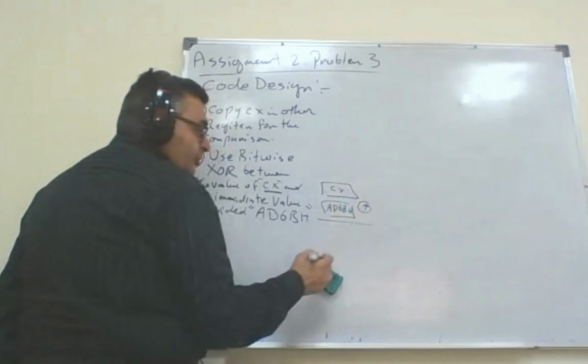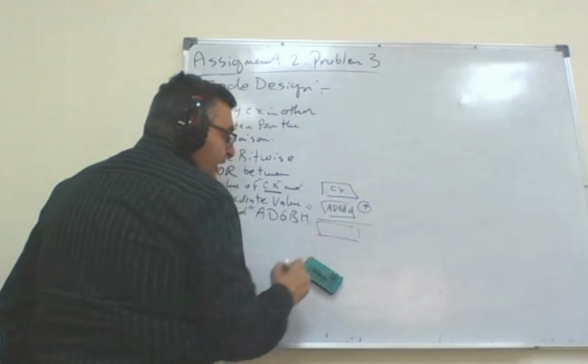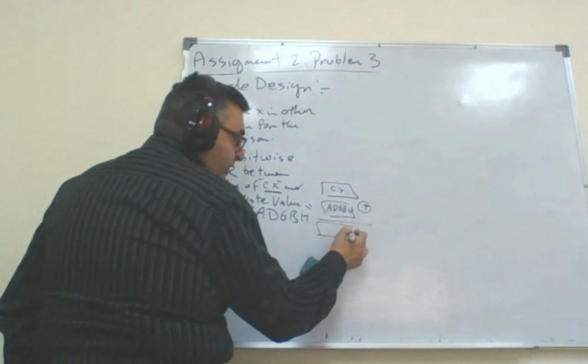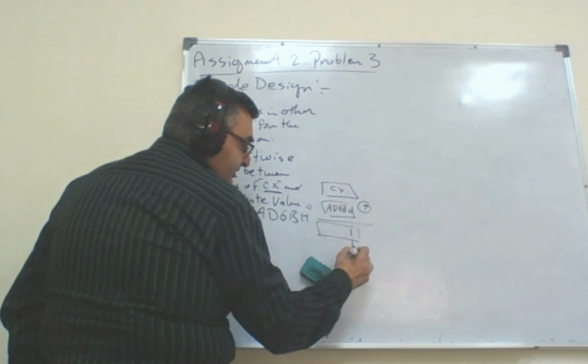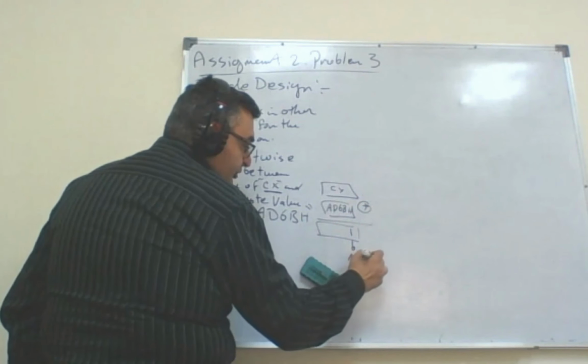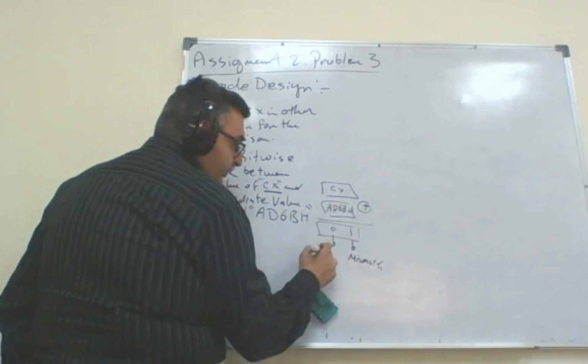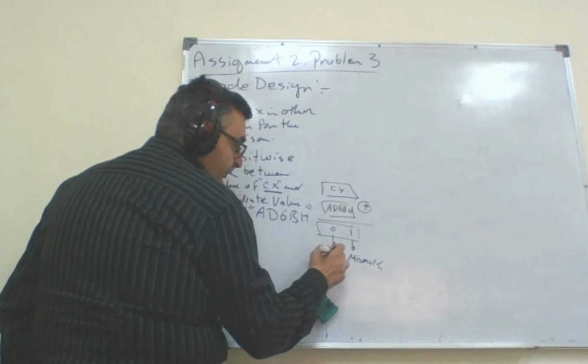When I XOR those, I will have a bitwise register that has 1 at the mismatch and 0 at the locations of the match.